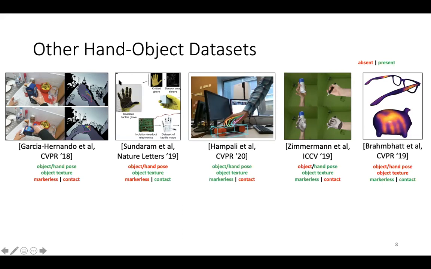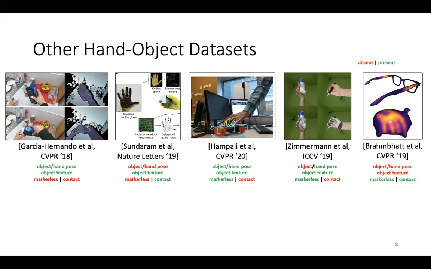To capture contact, researchers have used things like gloves that participants wear on their hands and then grasp various objects. We believe it would be useful to have the hands unencumbered and not altered in appearance, so that easily deployable image-based machine learning algorithms can be trained on that data.